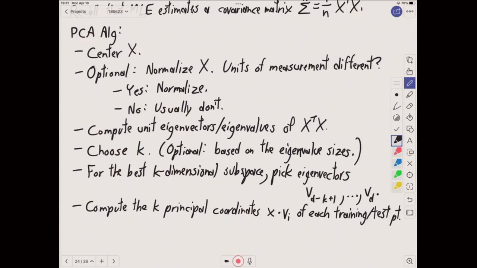But later on, you're going to want to use that algorithm to regress values on test points. And when you do that, you still have to run those test points through PCA before you can plug them into the regression algorithm. So in that case, it's important that you translate them by the same amount you translated the training points before you plug them into the regression algorithm. Make sense?